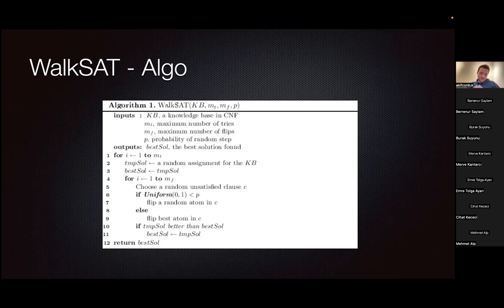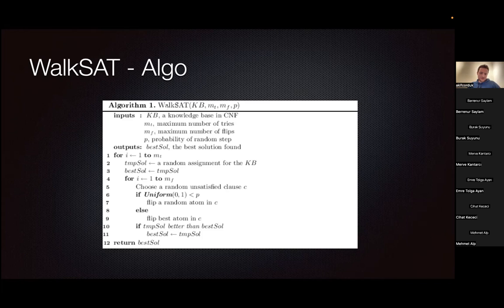Okay. And what you do here in the else part to find the best atom is look at each of those 10 literals and see, if you flip a literal here, which one brings the least amount of break on the other clauses. So you have thousands of clauses, and you choose one clause. Within that clause, you have 5 literals, let's say, and these literals probably exist in many other clauses as well.